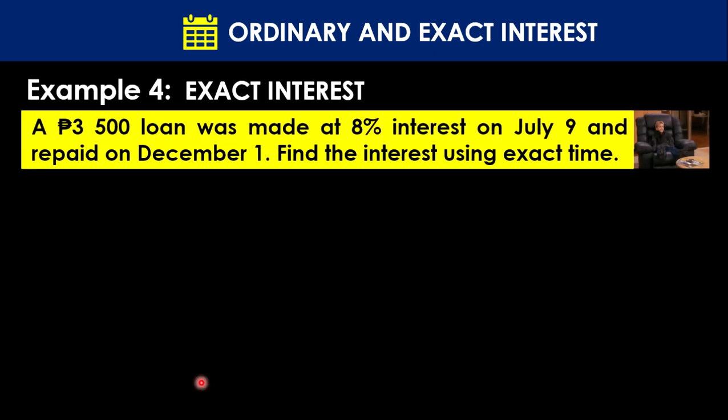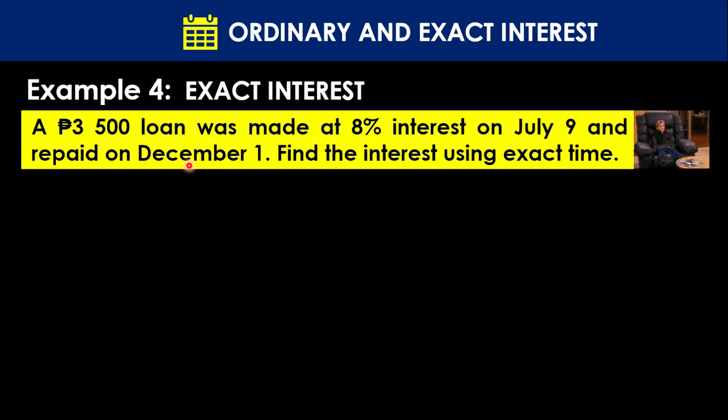The next one. A 3,500 loan was made at 8% interest on July 9 and repaid on December 1. Find the interest using exact time. In this case, again, we're going to compute for D since the total number of days is not given. It started on July 9 and was repaid on December 1.